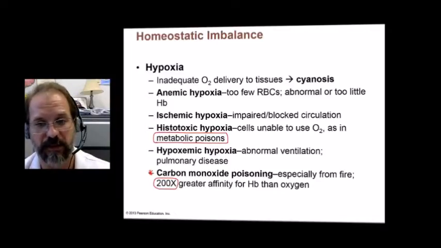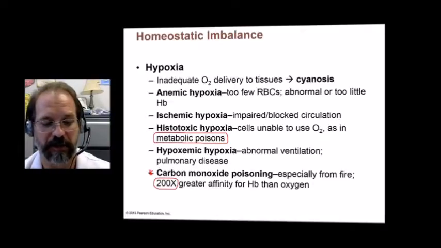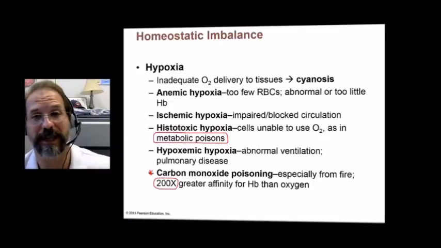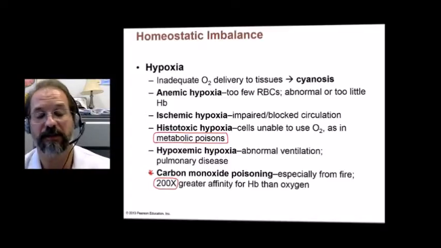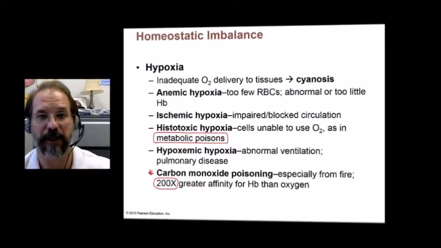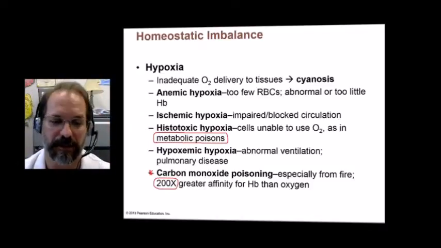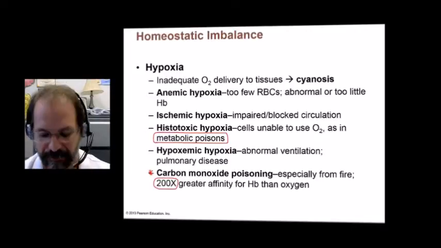It removes those hemoglobin from the pool that can actually bind to oxygen and deliver it to your tissues. And because it binds with such a greater affinity, the only way to get that out of there is to force oxygen in and replace it. Well, that's very hard to do under normal PO2 concentration. So the treatment for carbon monoxide poisoning is to take somebody and put them in a hyperbaric chamber where we can elevate the pressure of oxygen in that chamber and slowly but surely force the carbon monoxide out of their hemoglobin.